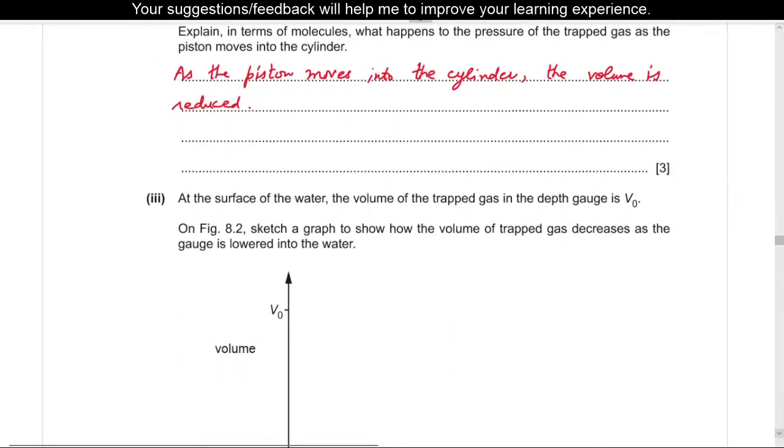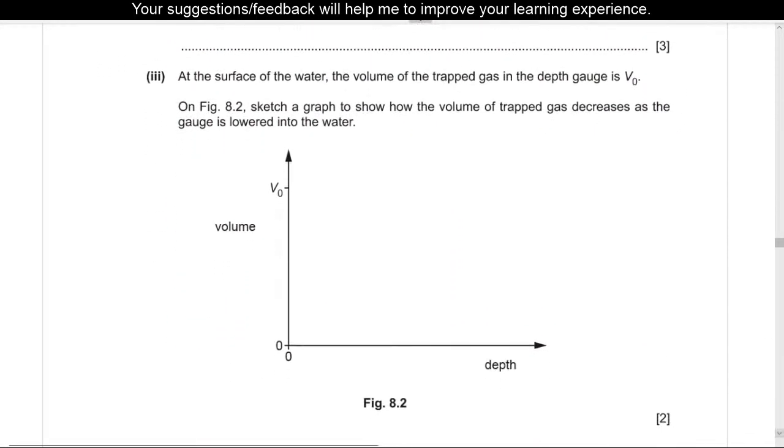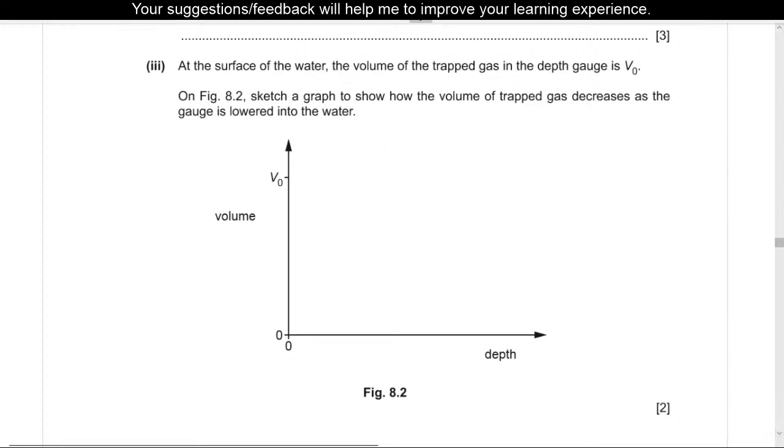Now let's proceed with part 3. At the surface of the water, the volume of the trapped gas in the depth gauge is V0. On figure 8.2, sketch a graph to show how the volume of trapped gas decreases as the gauge is lowered into the water.